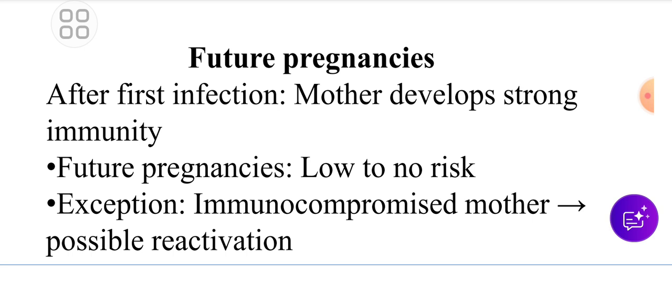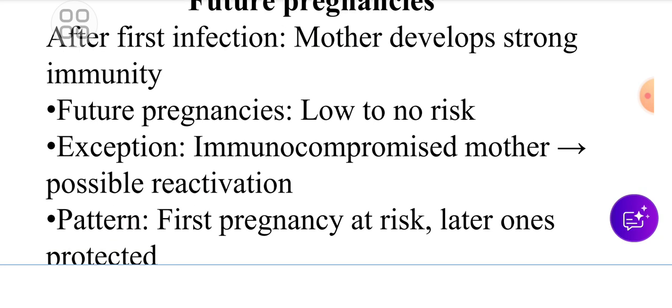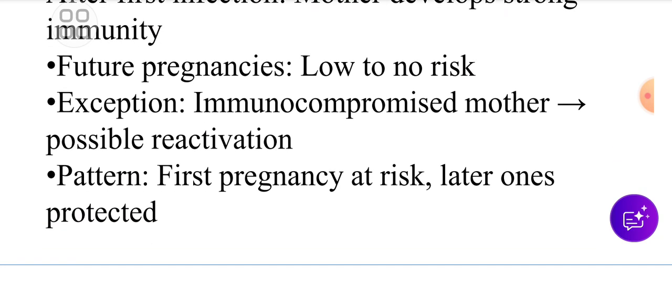The exception is the immunocompromised mother, those who are immunodeficient. There is a possibility of reactivation. I would like to say that in the first pregnancy, there is a risk. Later ones, protected.